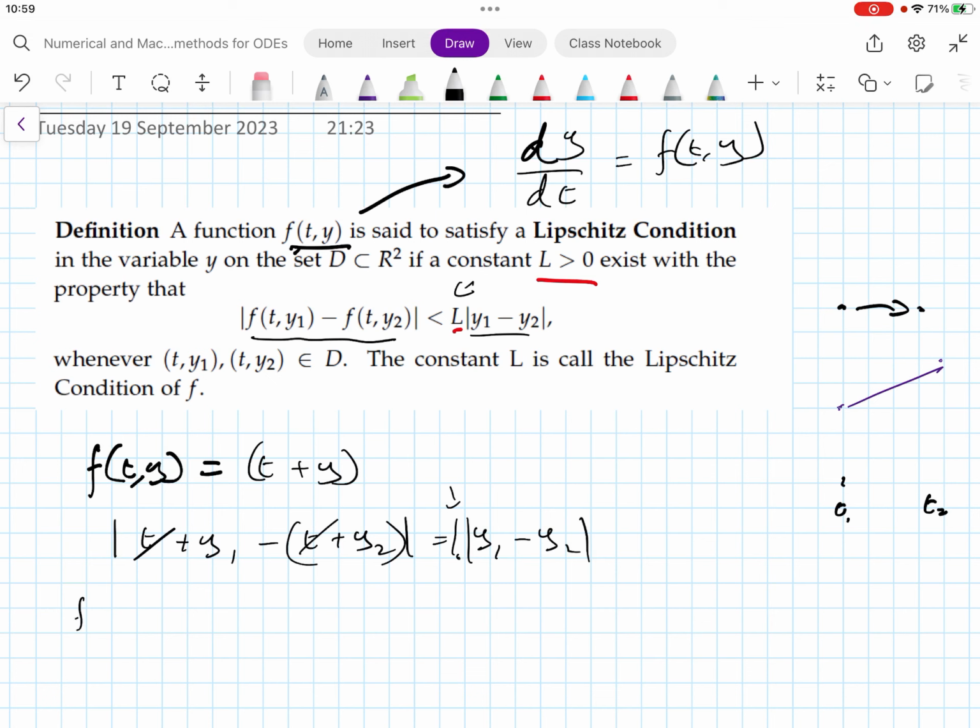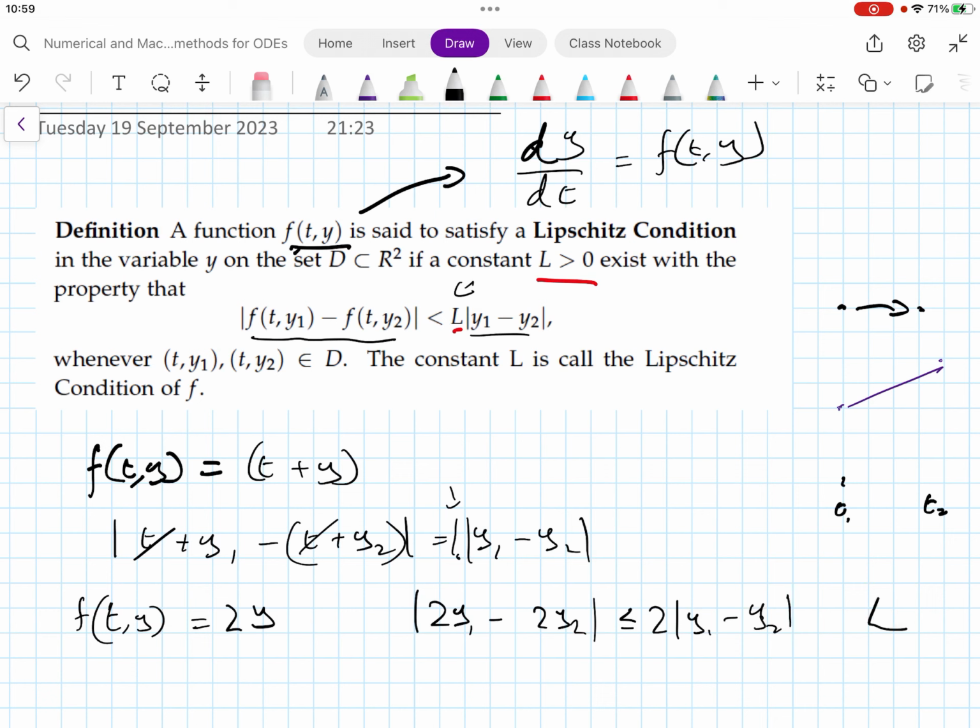Let's do another one. f(t, y) is equal to 2y. So our Lipschitz condition would be |2y1 minus 2y2| is less than or equal to 2|y1 minus y2|.